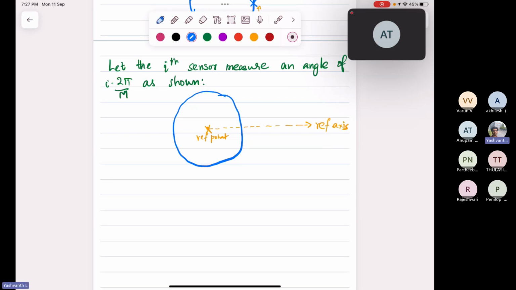Now let's say the ith sensor is somewhere here. What is the angle made by the ith sensor with the reference axis?